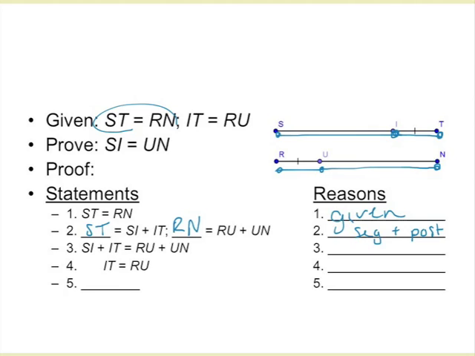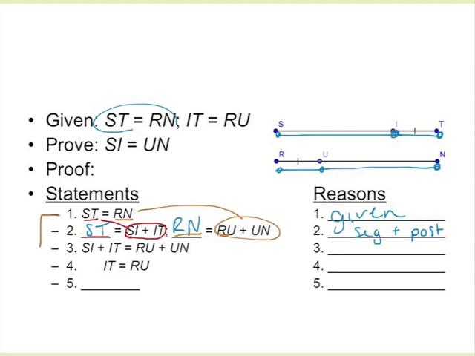So then we have to ask ourselves, how did they get from steps 1 and 2 to move on forward to step 3? So we have an ST in step 1, we have an ST in step 2, but we renamed it. Then we have an RN in step 1, we have an RN in step 2, but we renamed it.